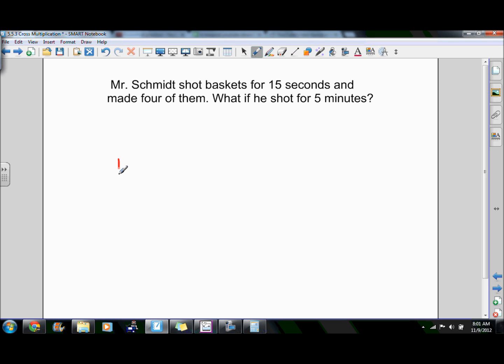Okay, for this one I did 15 seconds here over 4 baskets. And I set it equal to 5 minutes. That's going to be 300 seconds. And I'm trying to find X baskets. So cross multiplication.